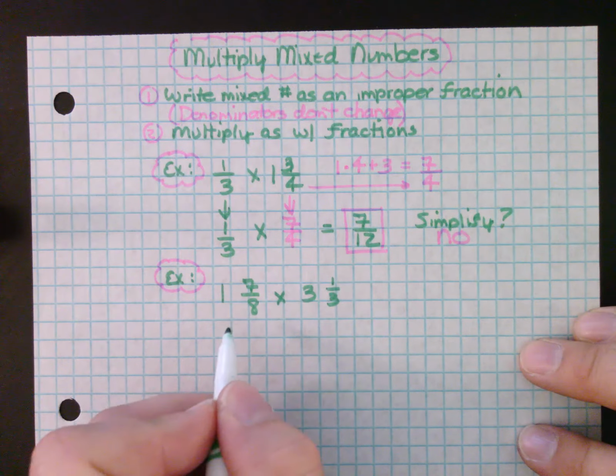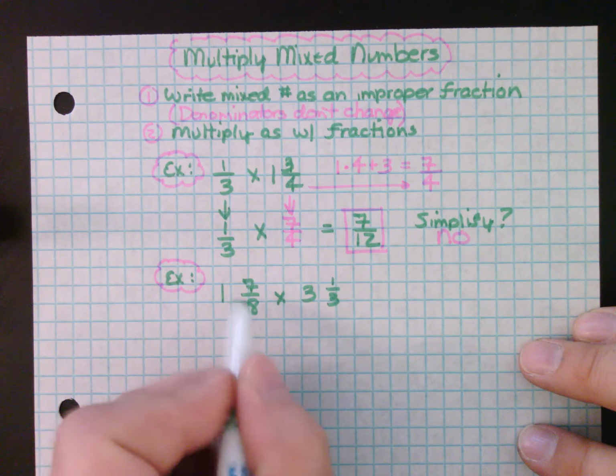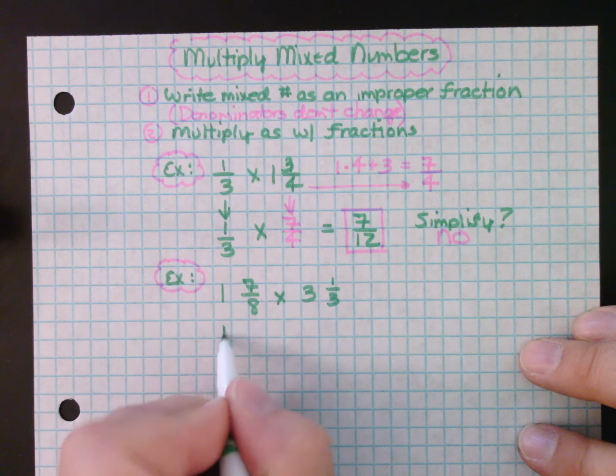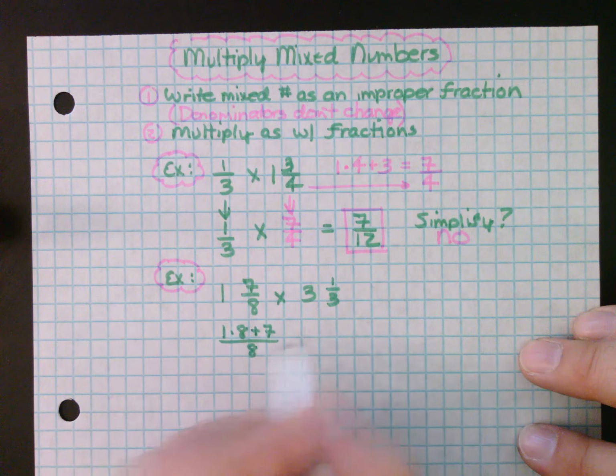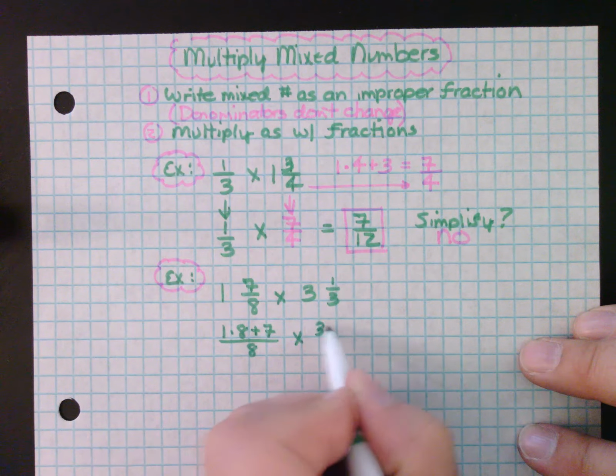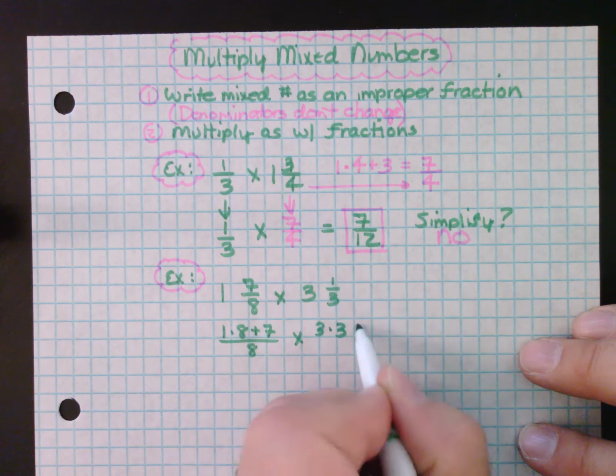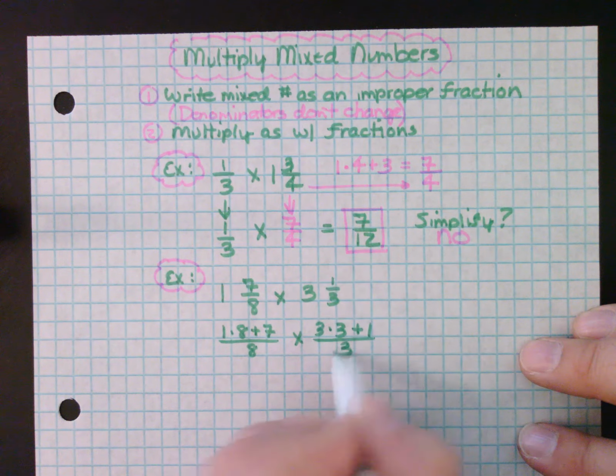Again, I'm going to have to make it into an improper fraction. So 1 times 8 plus 7 over 8 times 3 times the denominator 3 plus the numerator over the denominator of 3.